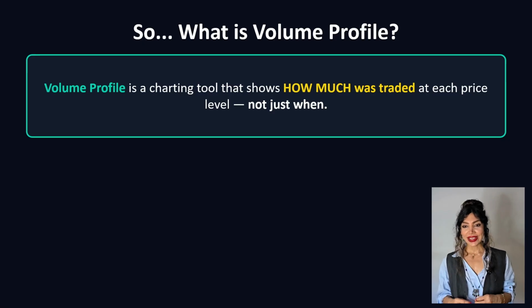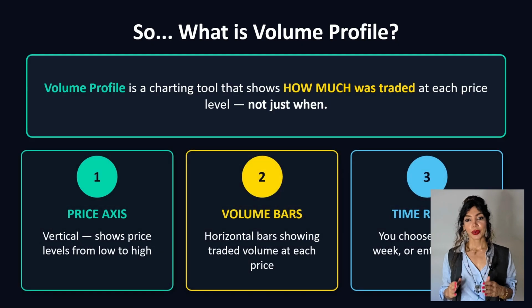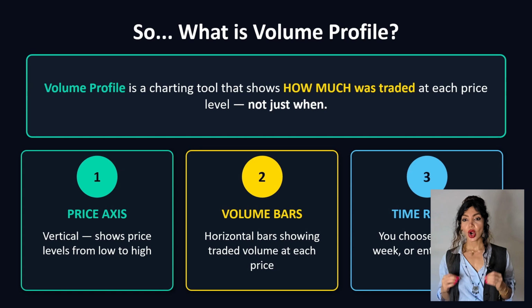Now, let's break it down into 3 parts. Number 1, the price axis. This is your vertical axis. It shows price levels from low to high. Nothing new here. Number 2, the volume bars. These are horizontal bars extending to the right of your chart.